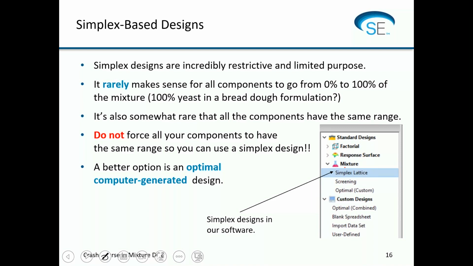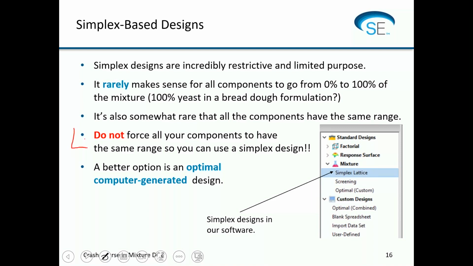Or if you're making a cake, can you put in 100% butter or 100% flour? You'd never even consider those scenarios, because they're basically giving you useless information. And in my experience, it's also somewhat rare that out in nature all components have the same range. Now, that's not necessarily true, as you saw in our cheese example, where everything went from 0 to 6. Okay, so one of these must hold true.